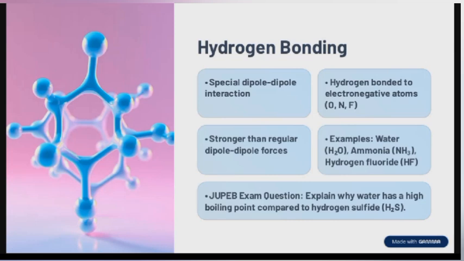When hydrogen is bonded to nitrogen, oxygen, or fluorine, they tend to form a specialized type of dipole interaction, and that type of dipole interaction is called a hydrogen bonding interaction.